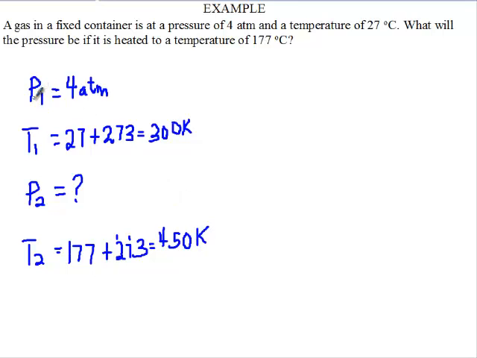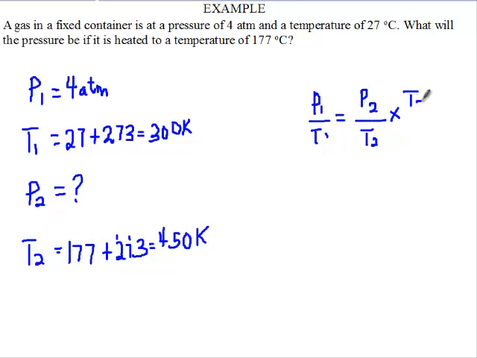Now that we know P1, T1, and T2, let's solve our question. So P1 over T1 is equal to P2 over T2. Since it is a constant, if we divide both sides, we need to get the same answer. But we know P1, we know T1, we don't know P2, we know T2. So we need to make P2 the subject.